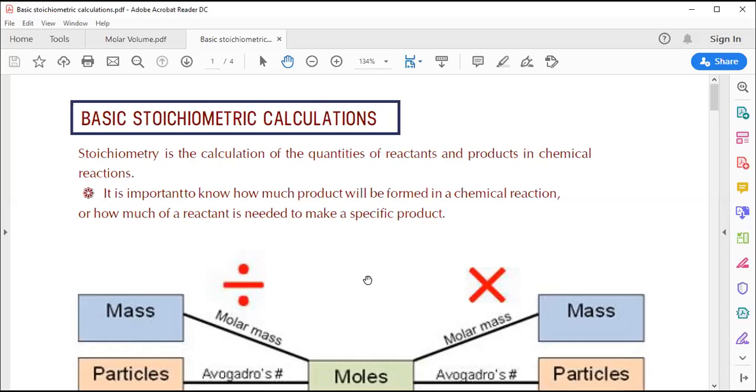It is important to know how much product will be formed in a chemical reaction, or how much of a reactant is needed to make a specific product.